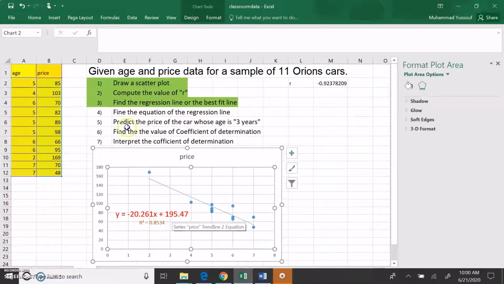And for this, part number 5 will help us. It will help us in making the prediction. This regression equation can be used to make a prediction. What I mean by that, look at the age column.